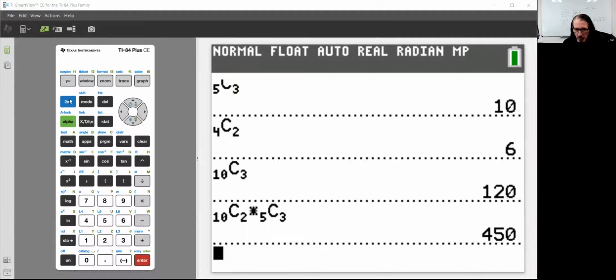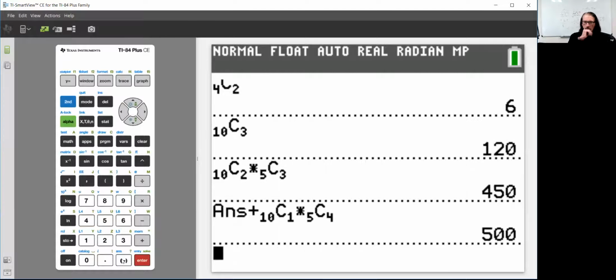Previous answer plus, now it was 10C1. From 10, choose 1, no repetition and no order, and so multiply. From 5, choose 4 with no repetition and no order. And it works.